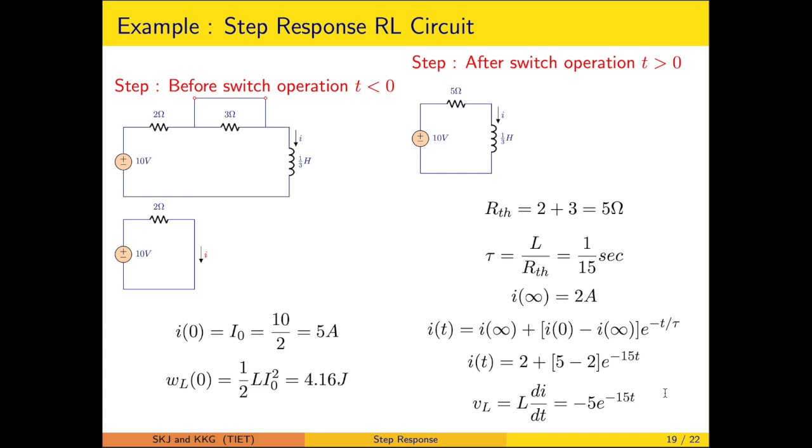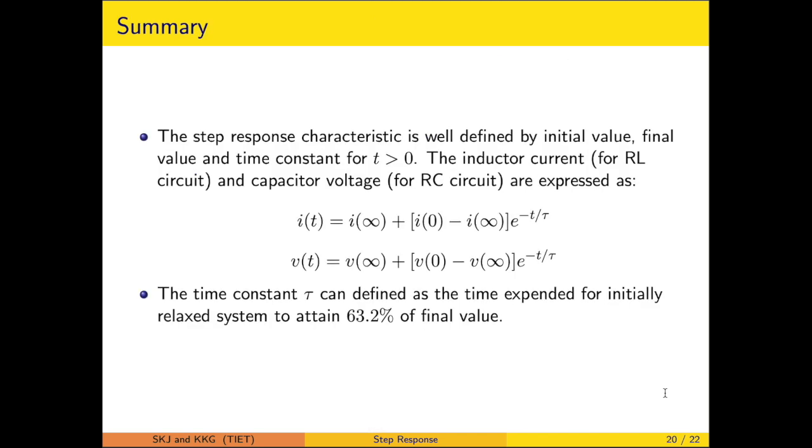So having discussed these particular examples, now we can summarize the things for this step response arrangement. The step response characteristic is well defined by the initial value, final value, and the time constant. These relationships are summarized here for the inductor current and the capacitor voltage.